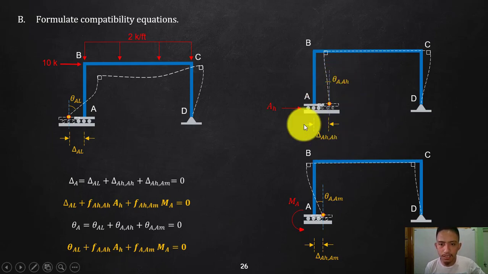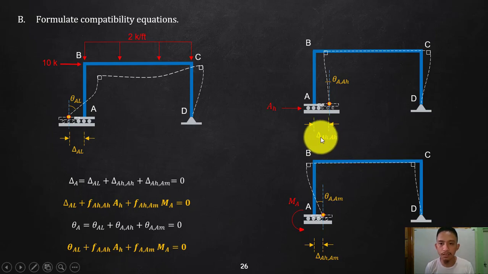So again, let me just discuss the subscript that I use. Since there will be a horizontal and vertical deflection, I need to differentiate them. So to differentiate the vertical and horizontal displacement or deflection, I will write there a deflection at A, H. That AH stands for deflection at point A horizontally.